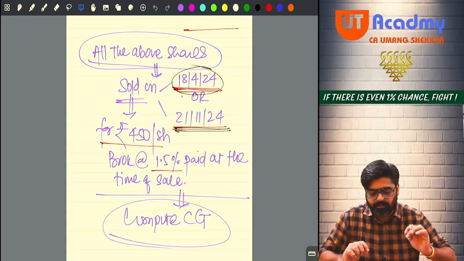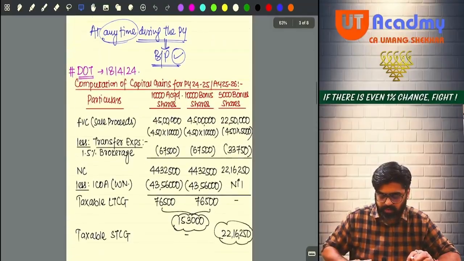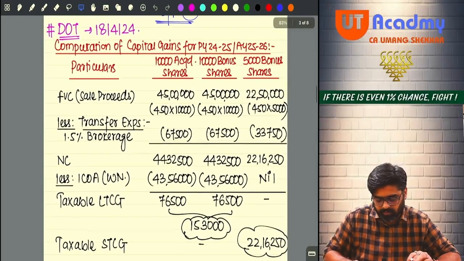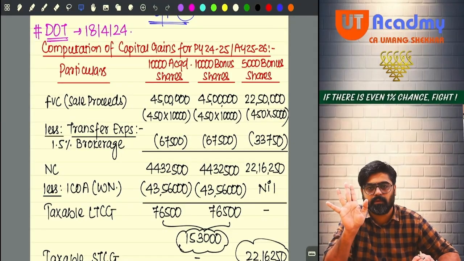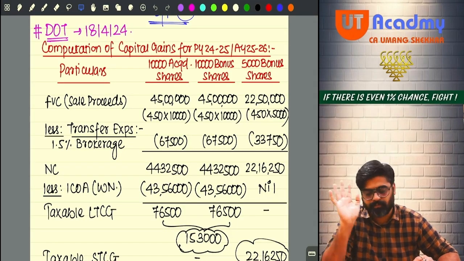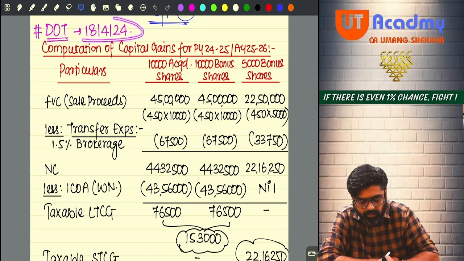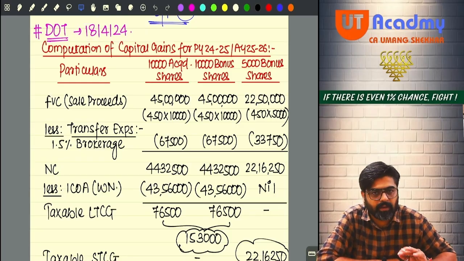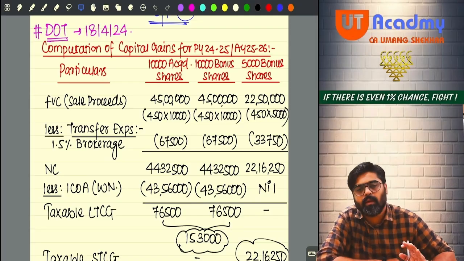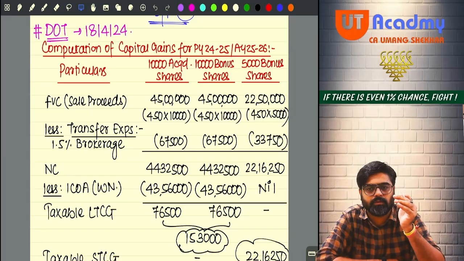Let us first assume, don't write anything, that the shares are transferred on 18th of April 2024. 18th April is the date of transfer. So now you are having three lots of shares.